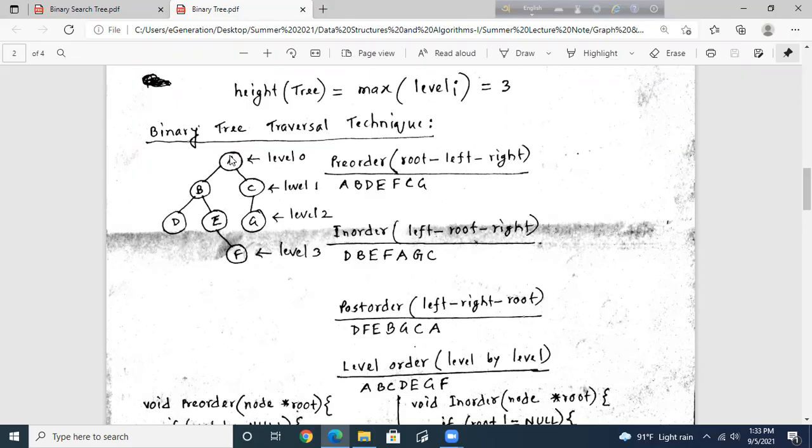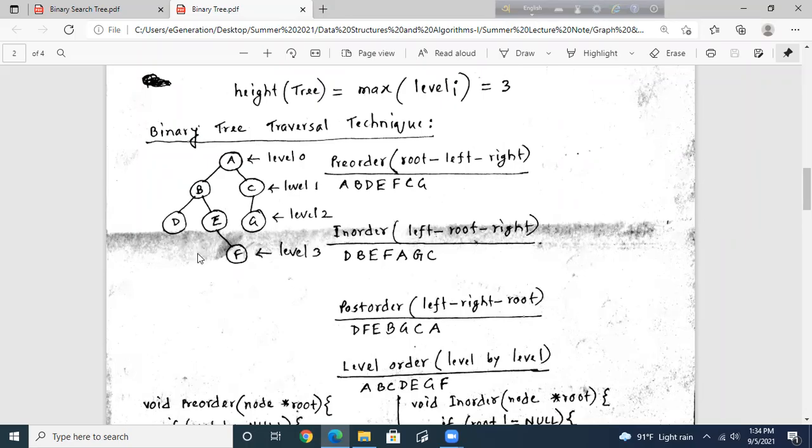At first, go left until there is no left, that is D. So I have written D. Left I have completed, then right, but in the right side there is more than one. Since there are more than one, so I have to rethink the algorithm again.